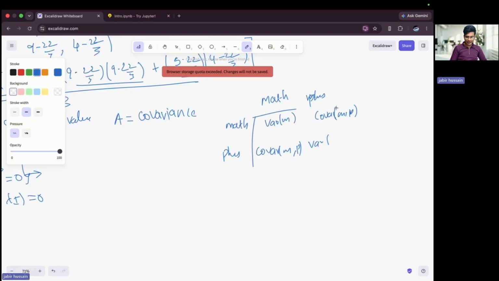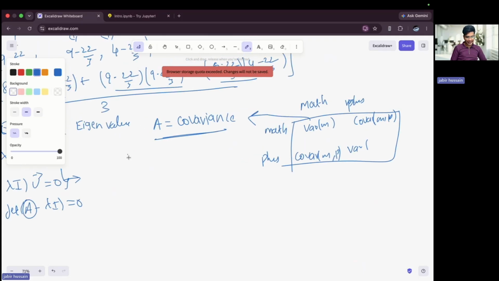So this is our A. We take A, and from A we get lambda, which is nothing but our eigenvalues, and from lambda we can get the value of V, which is our eigenvectors.